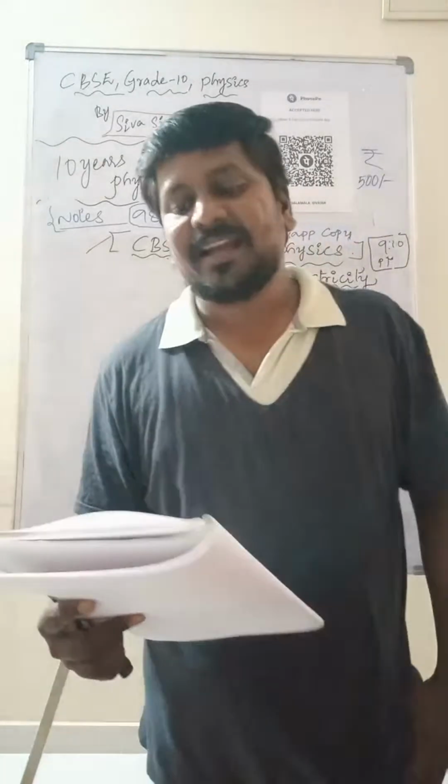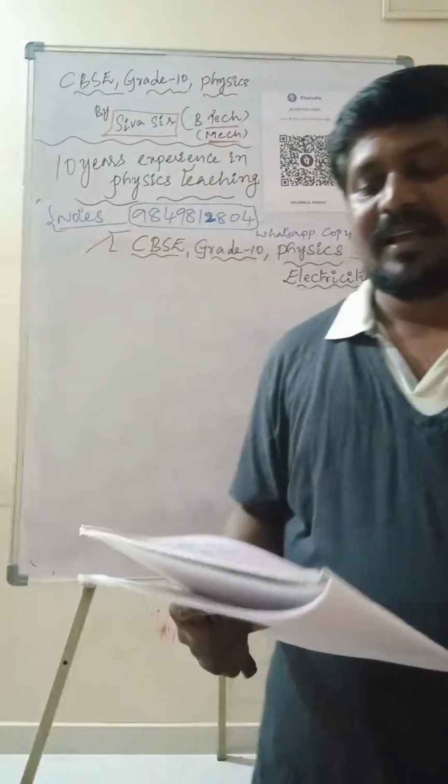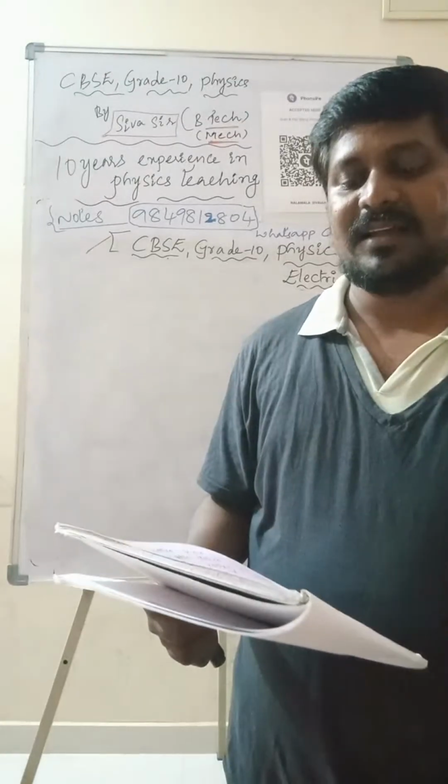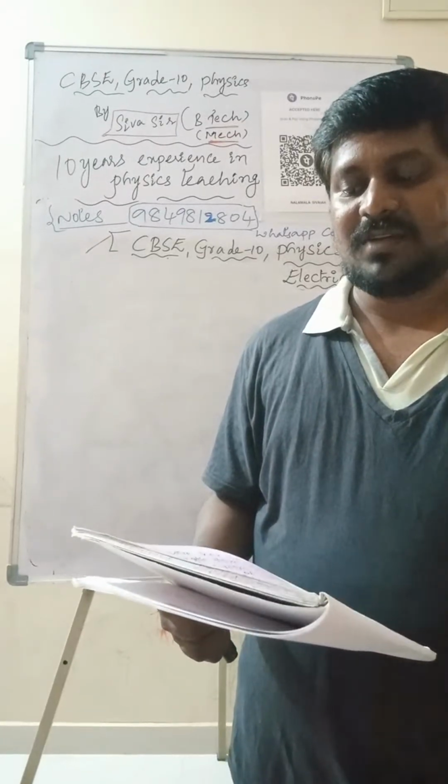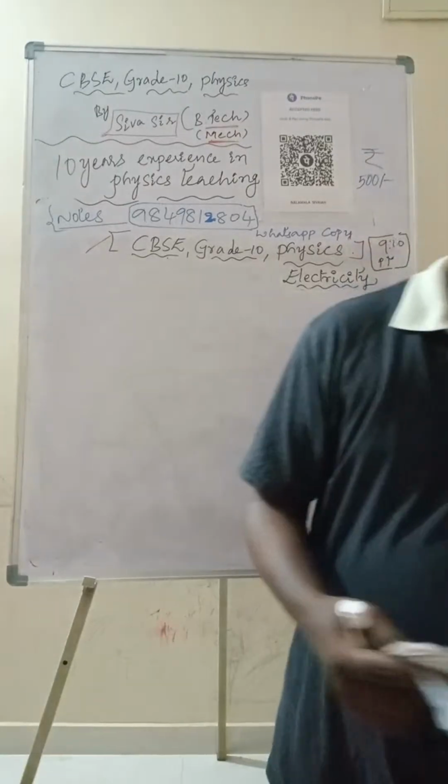I am taking a copper wire of given resistivity and cross-sectional area. Calculate the length of the wire required to make a 10 ohm coil.